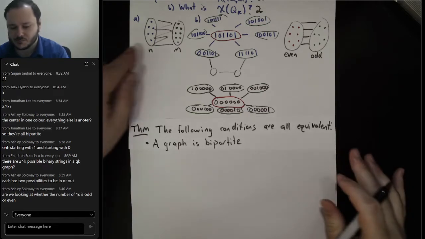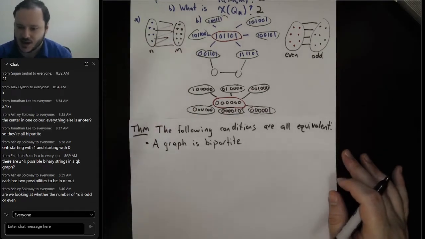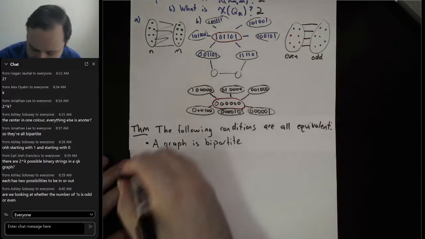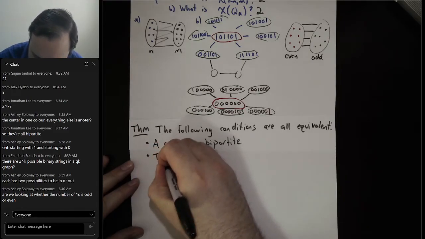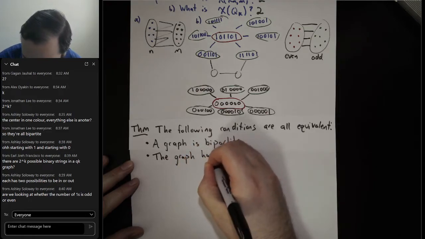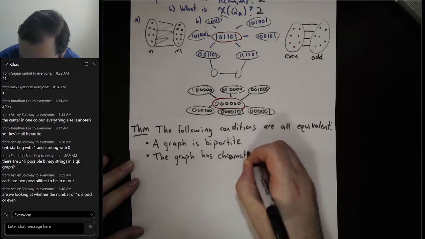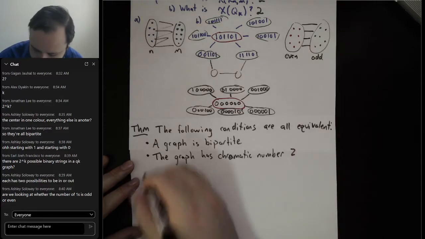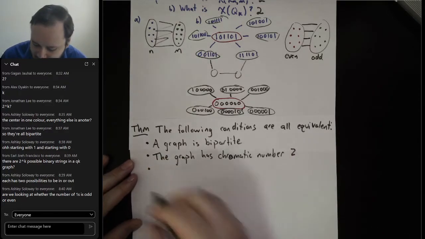Meaning, I can break it up into these 2 parts and all the edges go across. I'm not guaranteed to have all the edges, just that there's no edges inside my blobs. The graph has chromatic number 2. And the graph has no odd cycles.